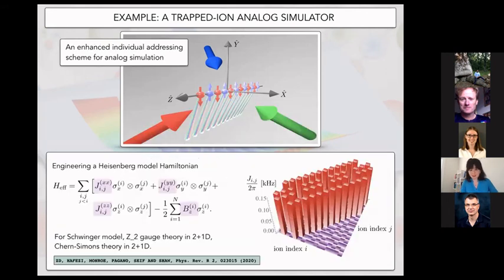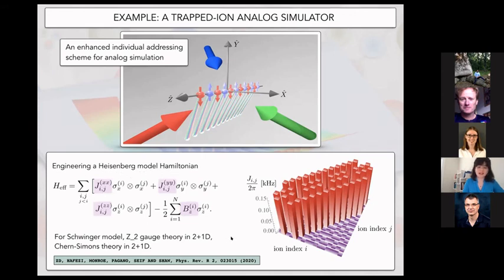Something that we actually worked out with experimentalists was that for analog simulations of the models that we are interested in, high energy and nuclear physics, we need more capabilities. And this is an example of enhancing the systems that they have to actually be able to simulate and engineer a Heisenberg model with flexibility over all these coefficients.